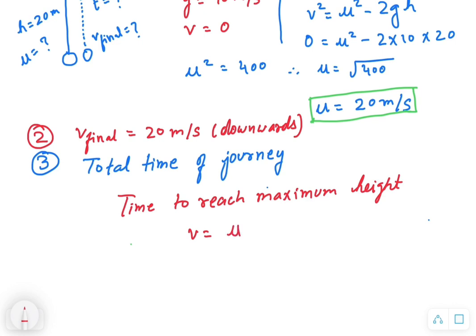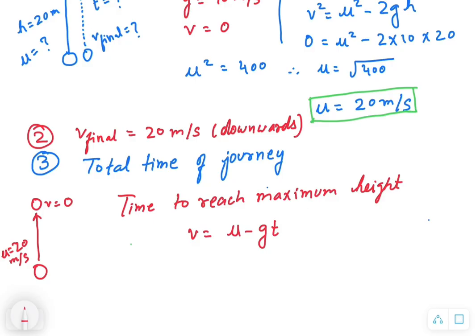V equal to u minus gt. As the ball travels upwards and reaches the highest point, its velocity would be 0. We have already calculated u. It is 20 meters per second.